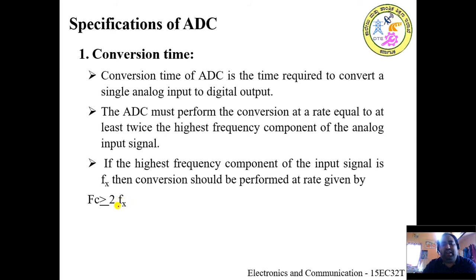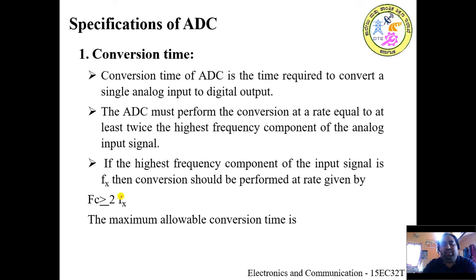Here fx represents the frequency component of the analog signal, and fc can be equal to or greater than twice that frequency component.